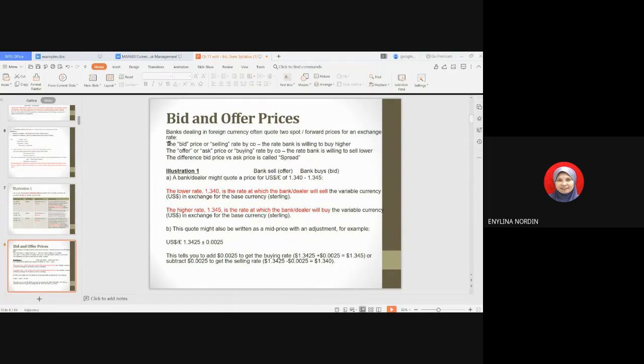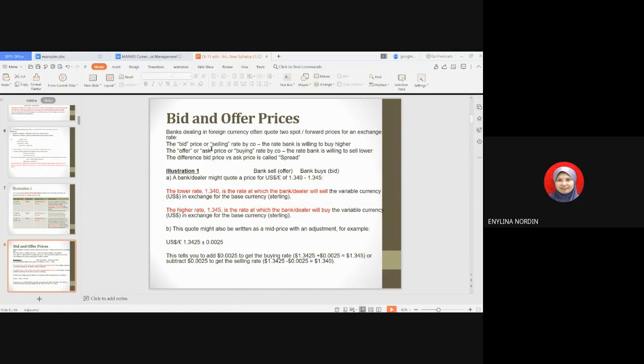Banks dealing in foreign currency often quote using the spot rate or forward rate. We will go into detail about spot rate and forward rate later on, but here I want to explain what the bid price and the offer price are.